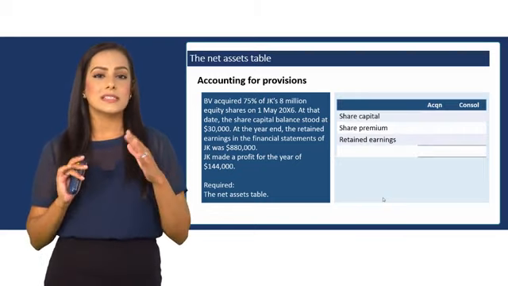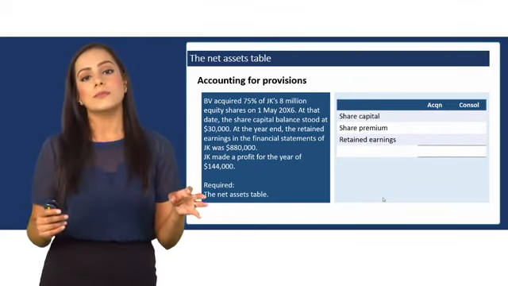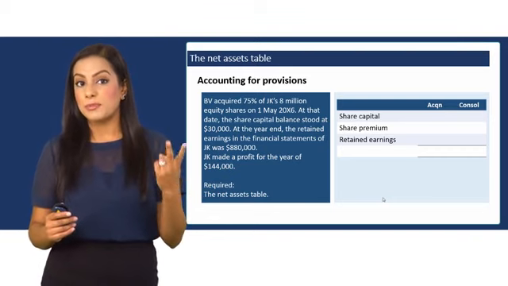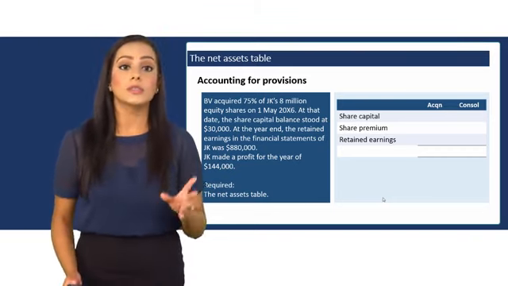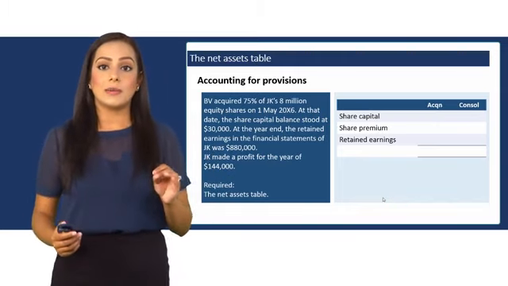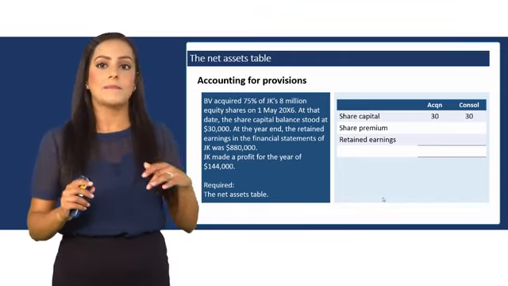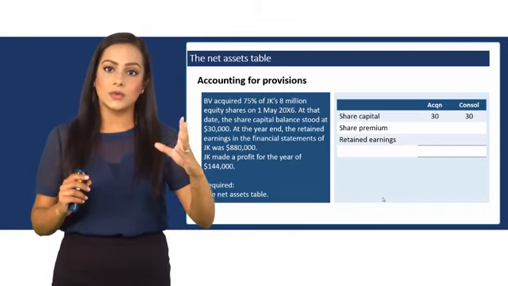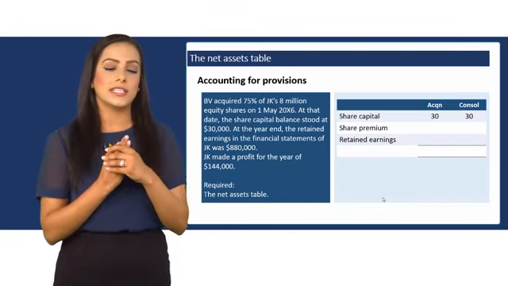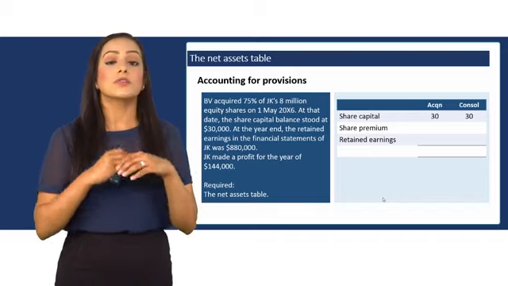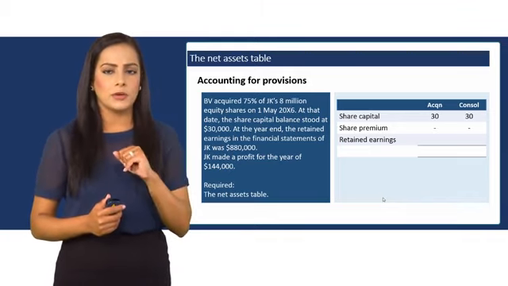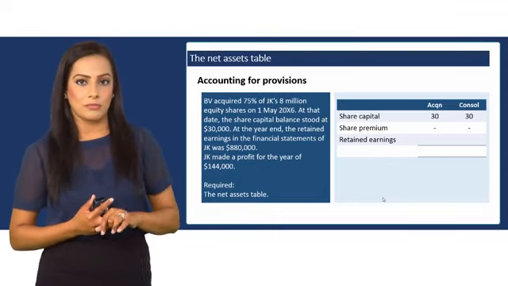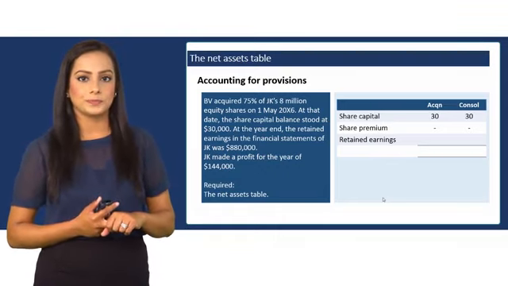For this one it's slightly easy. The main items would be share capital, share premium and retained earnings. Share capital, we're told, is 30,000 and it's going to be the same at both points in time: 30,000 at acquisition and 30,000 at consolidation. For the share premium, I didn't read anything to do with share premium, so we can put a dash there to show no premiums in this question.